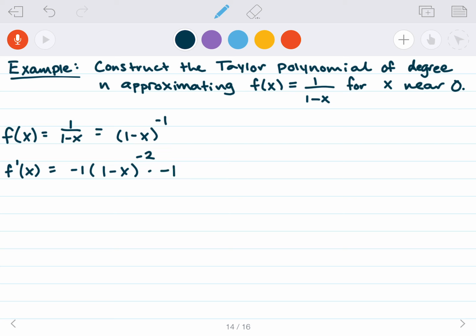And so these double negatives make a positive, so I'm just going to get rid of them. So f double prime of x, take the derivative of the above. Again, using the power and the chain rule, we get negative 2 times (1 minus x) to the negative 3 times the derivative of the inside, which is negative 1. So again, these negatives disappear here.